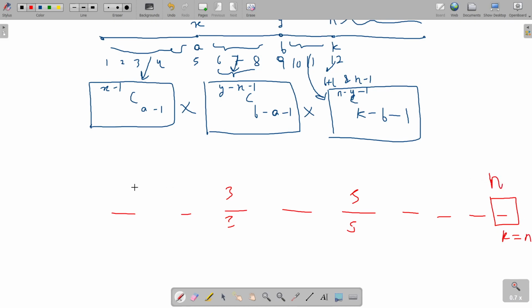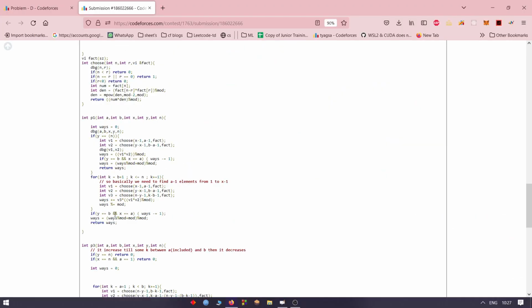So there's only one solution to this, like it will be a completely ascending array, and we don't want that. So that's why I was subtracting one for this array in ascending order that was being counted. Okay, but you can just do till k less than n and you'll be fine.